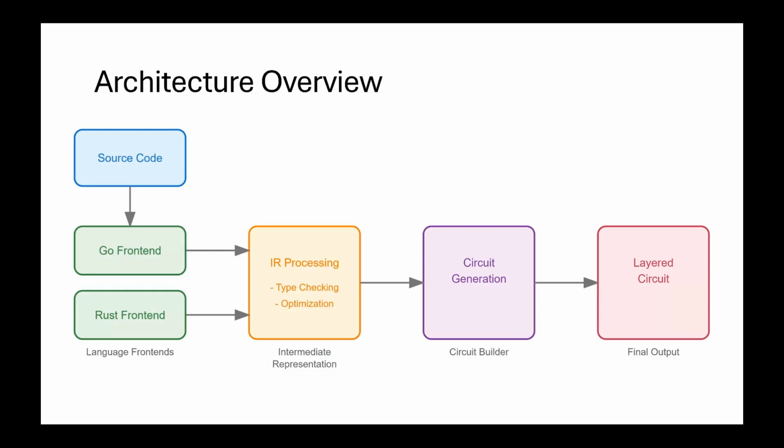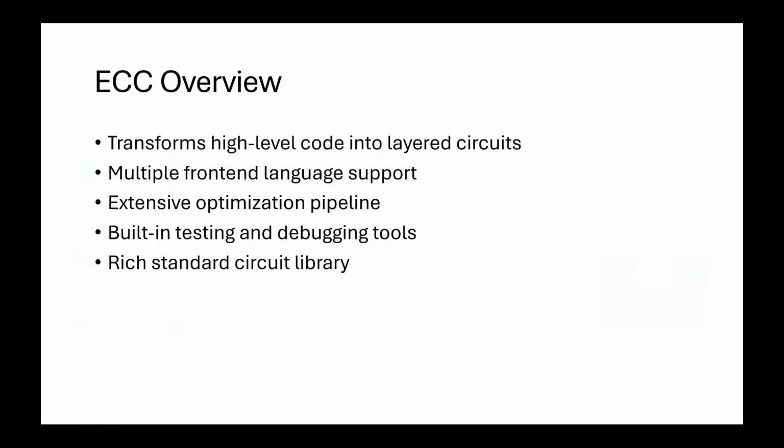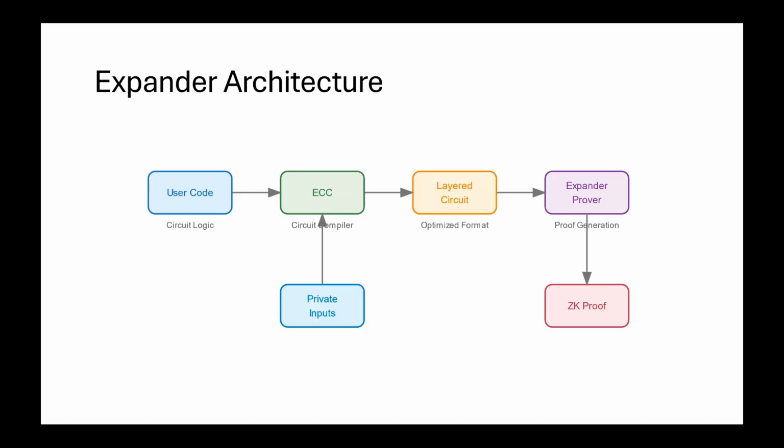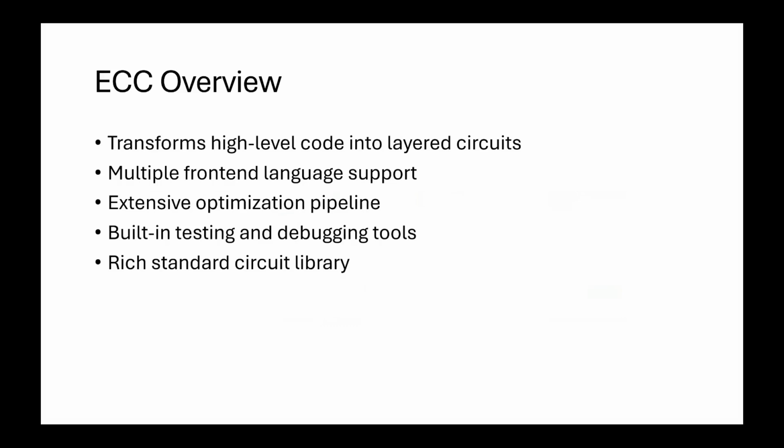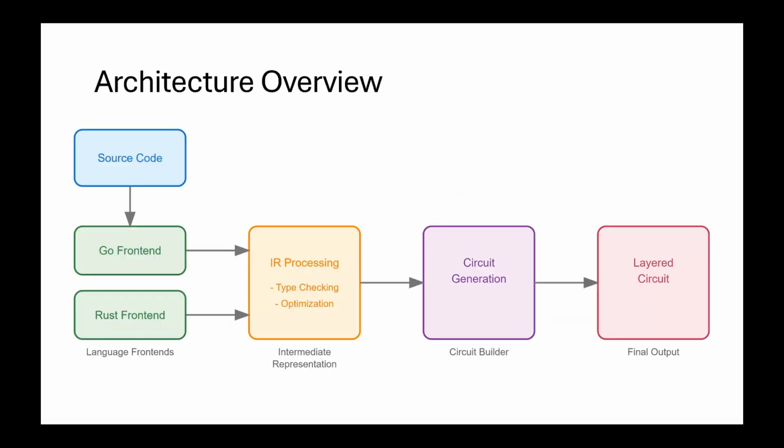On this page, we can see that the user code is processed by ECC and it outputs the layered circuit. But here is a detailed architecture. First, we have a source code. It can be Go or Rust. We have a front end for these two languages.